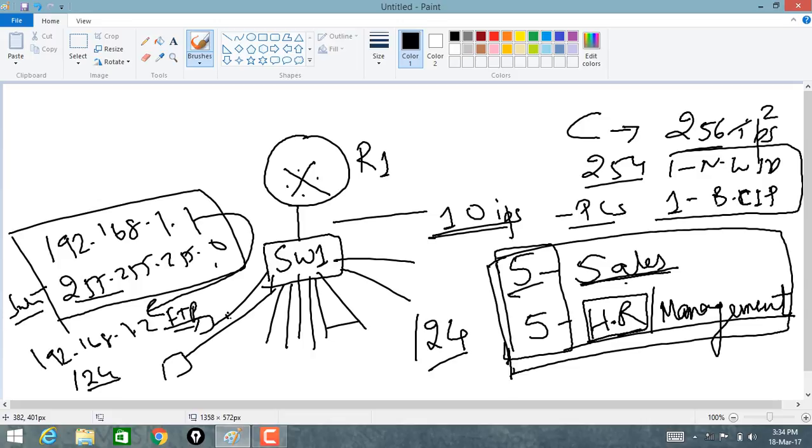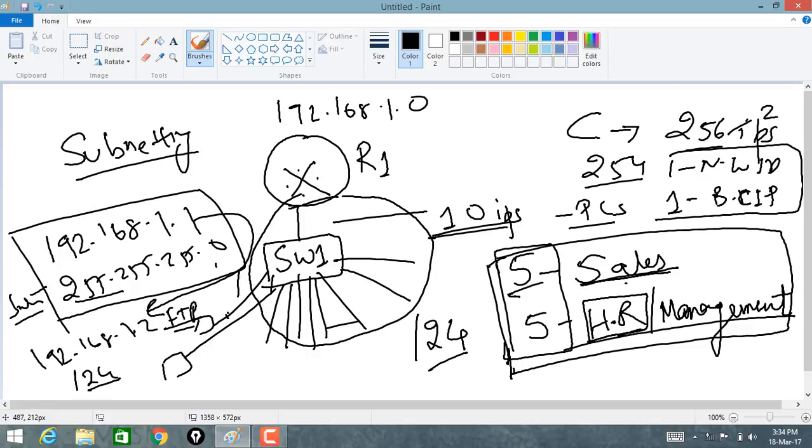And here the topic we are learning, subnetting, comes into the picture. The whole network is 192.168.1.0, which gives altogether 254 valid IPs.